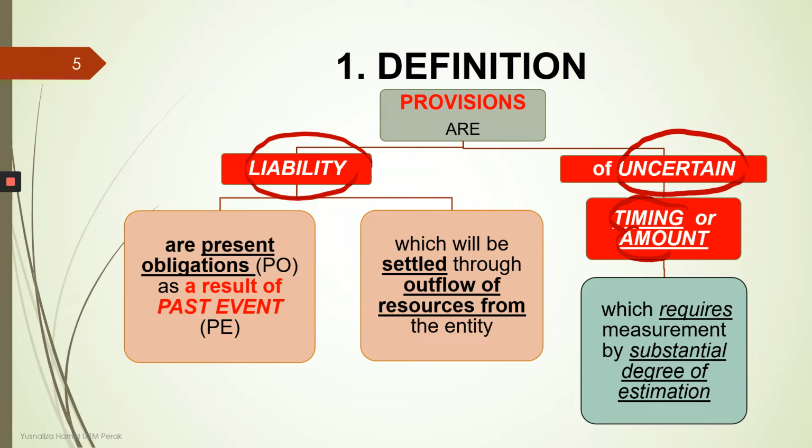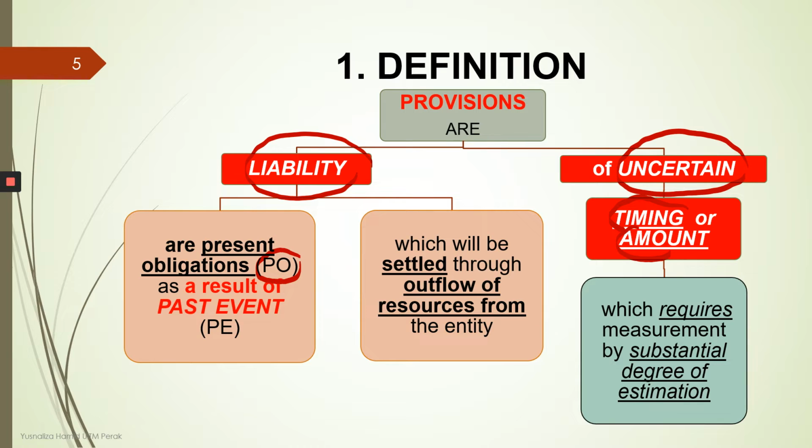If you can still recall, the liability definition is given in the conceptual framework. It's a present obligation, so I use the word PO here, present obligation, as a result of past events. So you need to know the nature of this so-called present obligation. That present obligation, or in a simple word, commitment, will be settled later through outflow of resources from the entity.